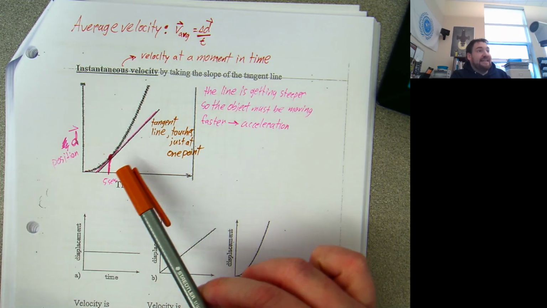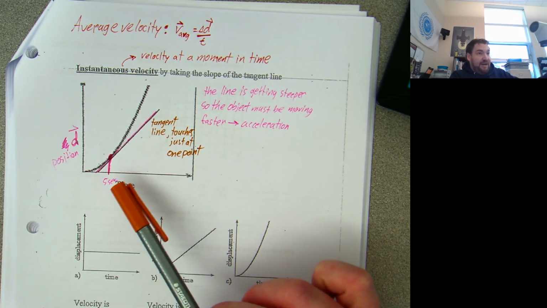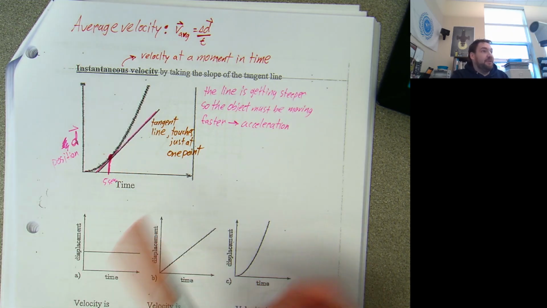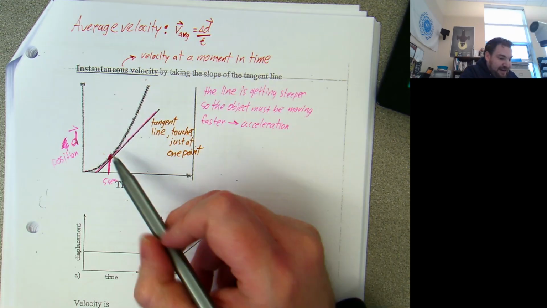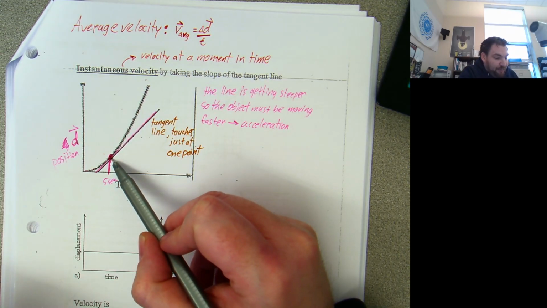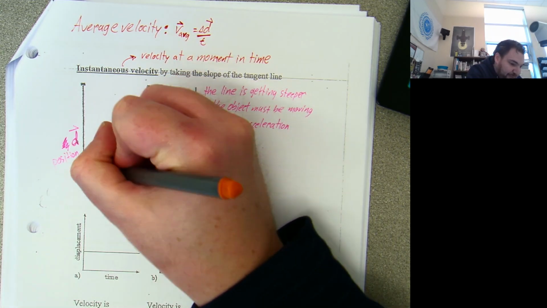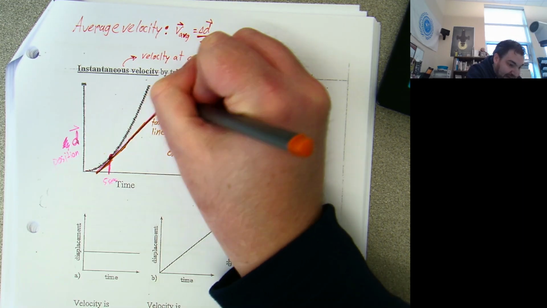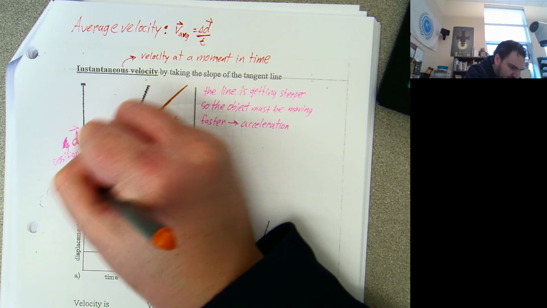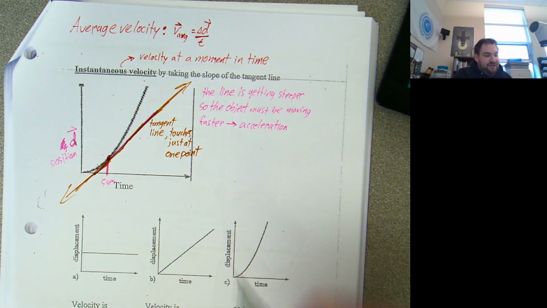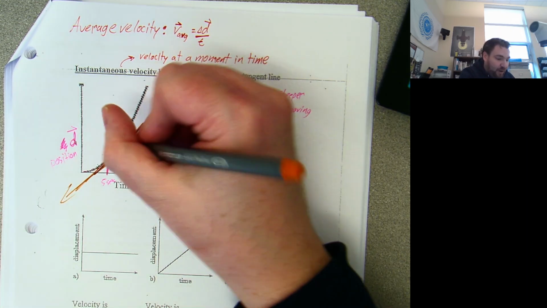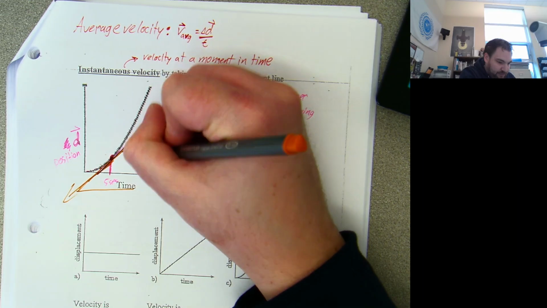And it's for reasons like this that I've been telling you guys that when you do graphs, I want you to use as much of the graph as possible. Because to find a velocity at a particular point, we need to draw a line that approximates the curve at a particular point, but that line's going to go on forever in either direction. And now to figure out how fast we're going there, we just have to figure out what this whole slope is.